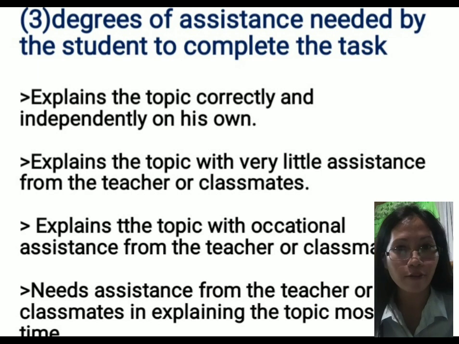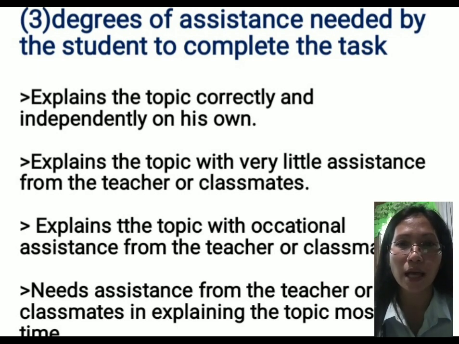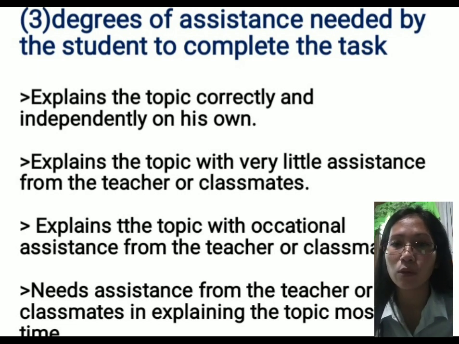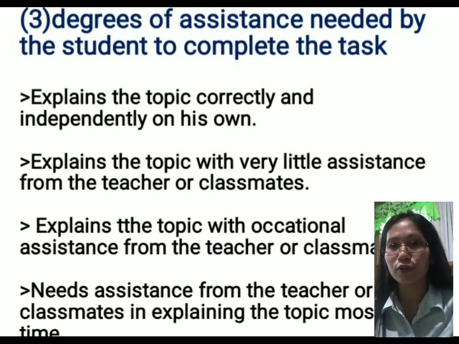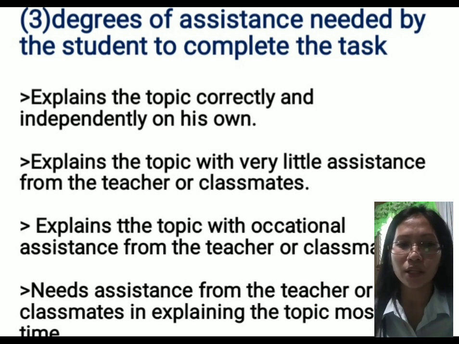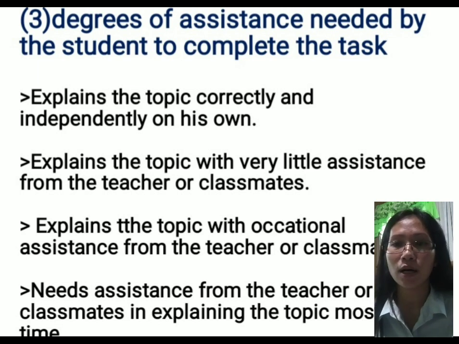That is level 2. And then for number 4, we have needs assistance from the teacher or classmates in explaining the topic most of the time. Meaning level 1, it is very unacceptable. So there is a need to develop to become a better performer, to perfect the performance.